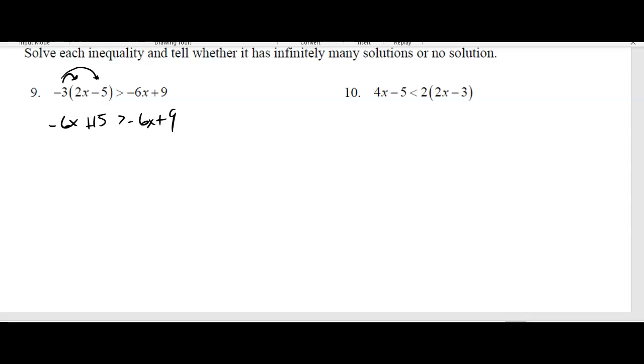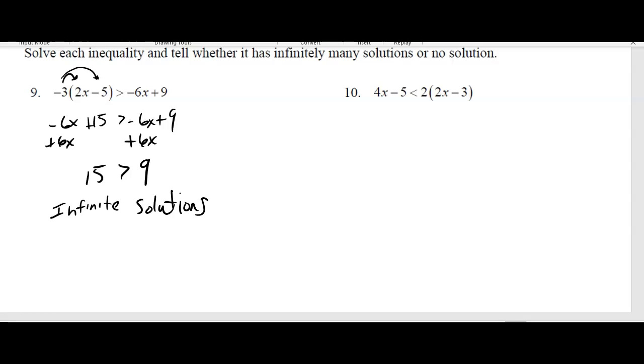And now when I try to get my variables to the same side, they'll cancel. And that will leave me with 15 is greater than 9. So you have to ask yourself, when is 15 greater than 9? Well, it always is. So in this case, we have infinite solutions.